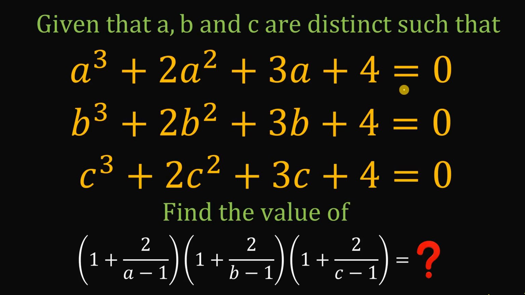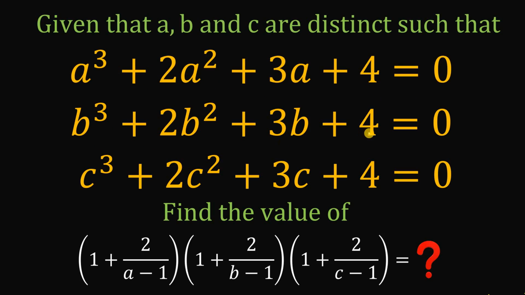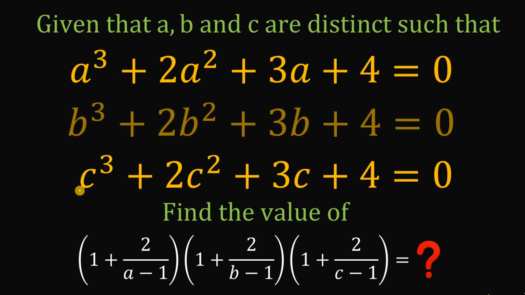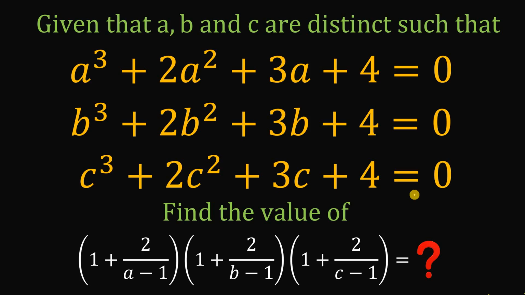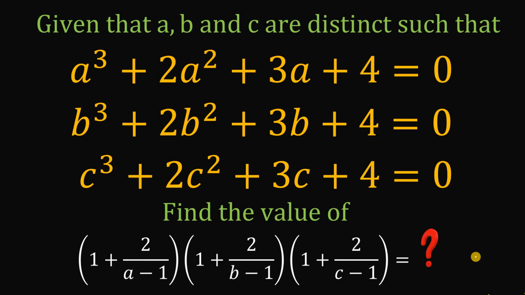Given that A, B, C are distinct such that A cubed plus 2A squared plus 3A plus 4 equals 0, B cubed plus 2B squared plus 3B plus 4 equals 0, C cubed plus 2C squared plus 3C plus 4 equals 0, then our goal in this question is to find the value of this expression: 1 plus 2 over A minus 1, multiplied by 1 plus 2 over B minus 1, multiplied by 1 plus 2 over C minus 1. Now you can pause this video if you want to give this problem a try.